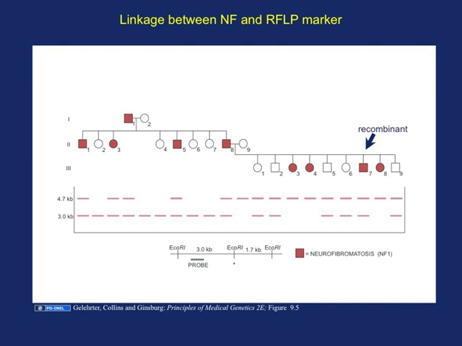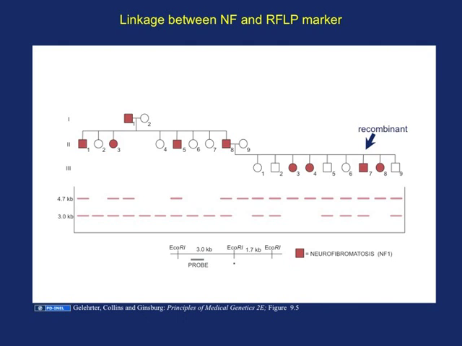And here, the mom, who's normal, has two big copies. Now, an important thing to remember: whether it's big or little is not the disease gene. Here's somebody who has two bigs and is normal. Here's somebody who has two littles and is normal. That is not the disease gene. It's just what's nearby. So in this guy, again, it's the big copy that goes with the gene, and everybody on this side of the family is going to get a big from mom, and whether they get the big or the little from dad is going to determine whether they get neurofibromatosis.